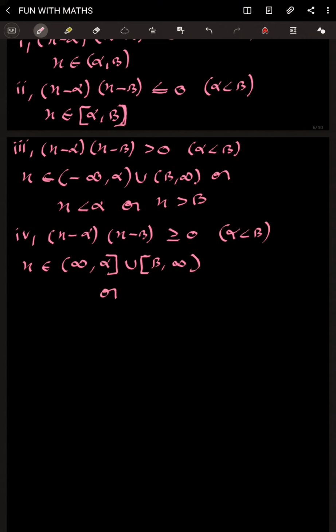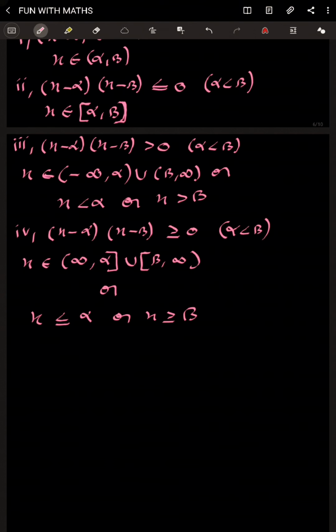So you can write this as x is less than or equal to alpha or x is greater than or equal to beta. So x minus alpha into x minus beta is greater than or equal to 0, then x belongs to open bracket minus infinity comma alpha closed bracket union closed bracket beta comma infinity open bracket, or x is less than or equal to alpha or x is greater than or equal to beta.